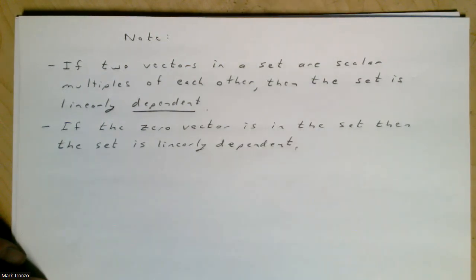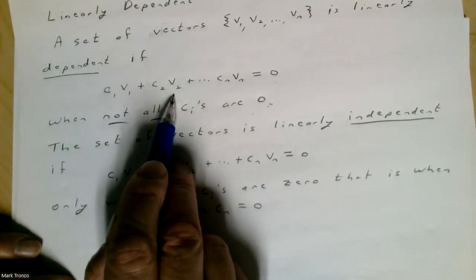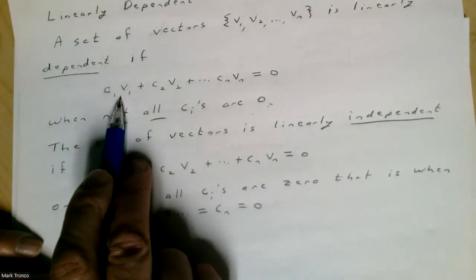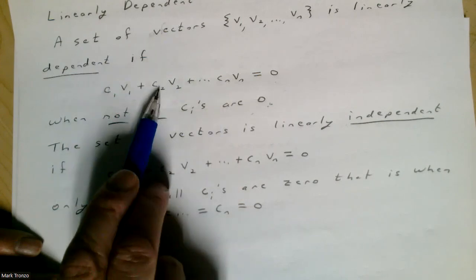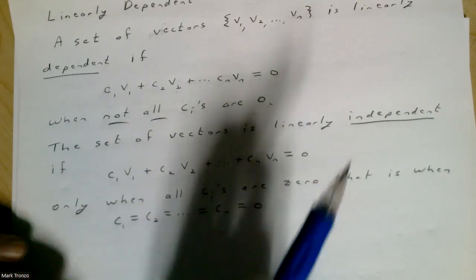Once again, you can see this from our original set. If one of these vectors was 0, then you can make all the other constants 0 and make that constant times the 0 vector, whatever you want, and this would still be 0.